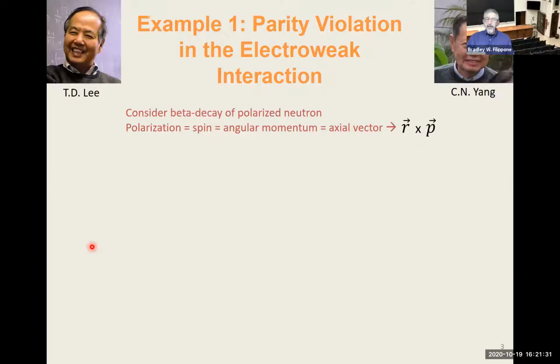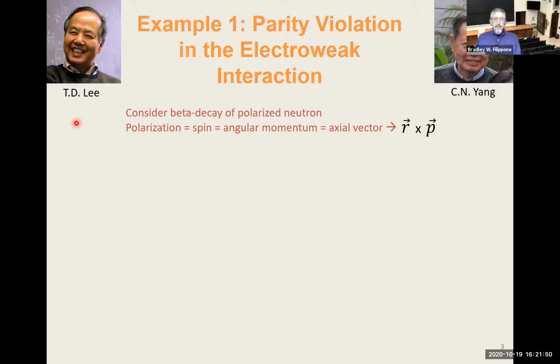What I'm going to do is first talk about the theoretical picture and the theoretical and experimental picture in general, and then I'll focus on the experimental aspects as we move forward. So first one is parity violation in the electroweak interaction.